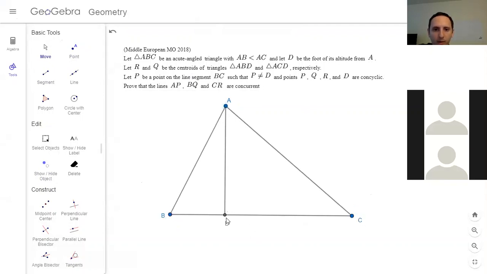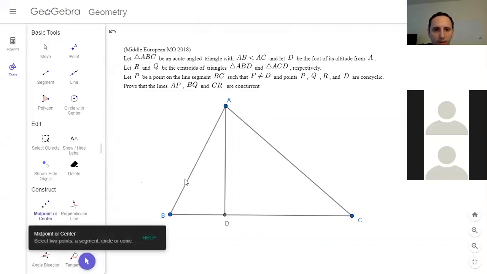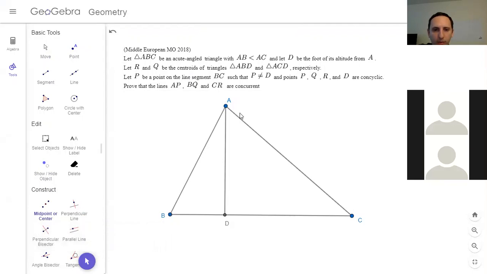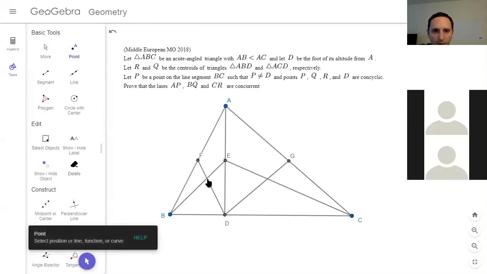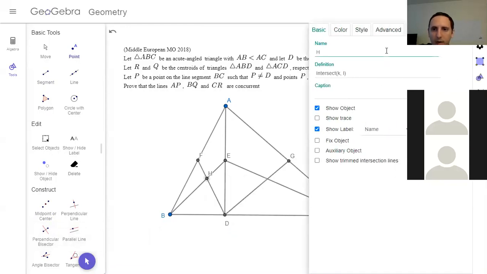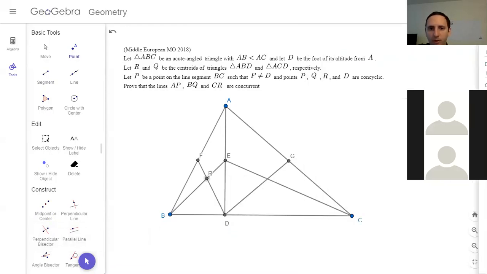So we draw the centroids. So there are in Q. So this one is R, and that one is Q.